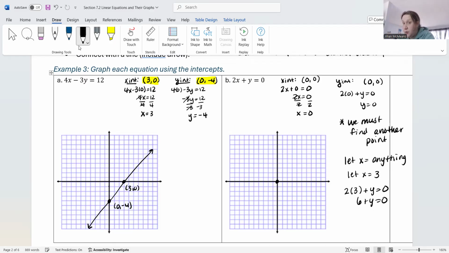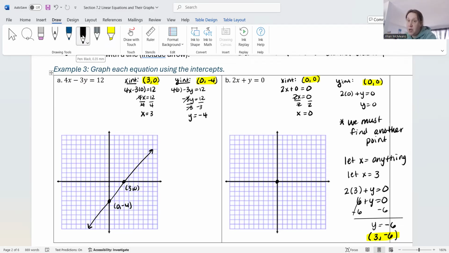I want to solve for y, so I would need to subtract 6 from both sides. Well, 6 minus 6 is 0. 0 plus y is y. And then 0 minus 6 is negative 6. So we get the ordered pair (3, negative 6). I arbitrarily picked 3, and if x is 3, y has to be negative 6. So now we have 2 points that we can graph. We already know we can graph the origin.